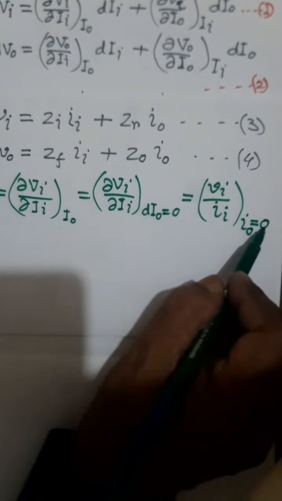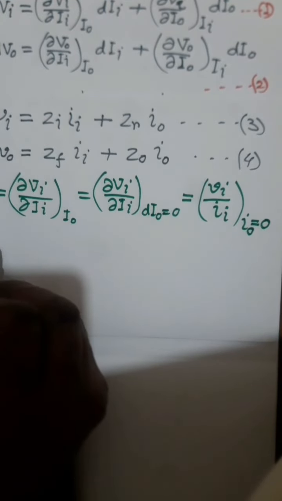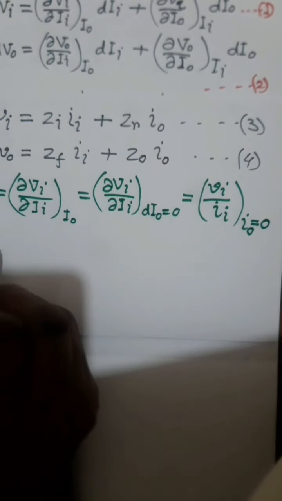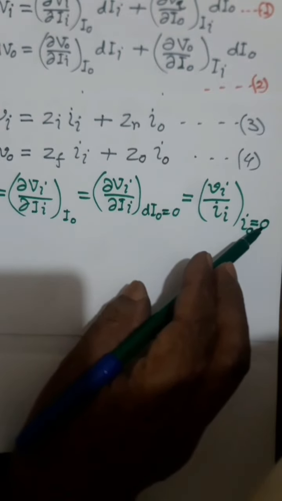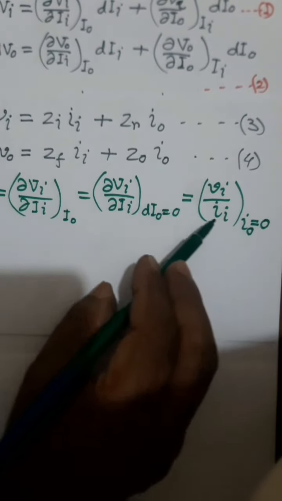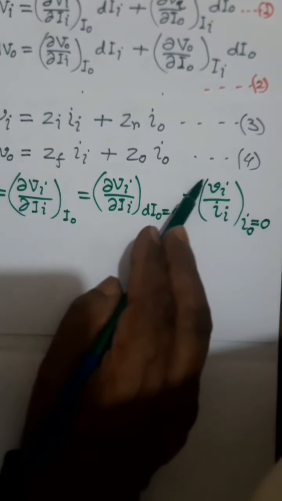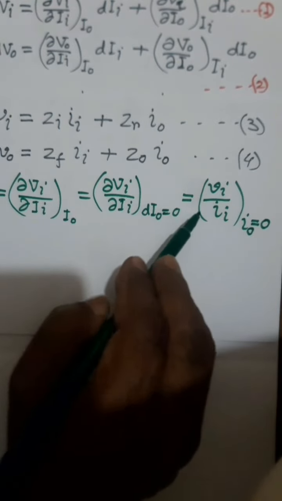Output current Io 0 means that the output is open. In an open circuit, current is 0. Therefore, it is the input resistance with output circuit open.